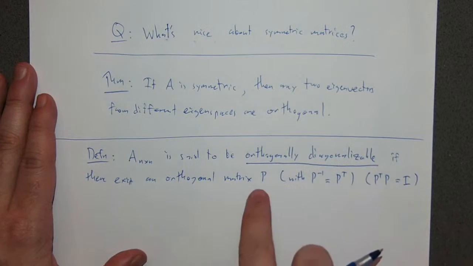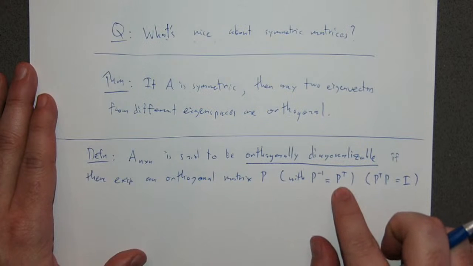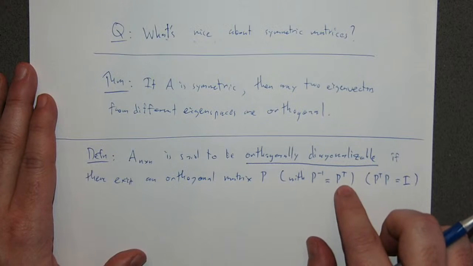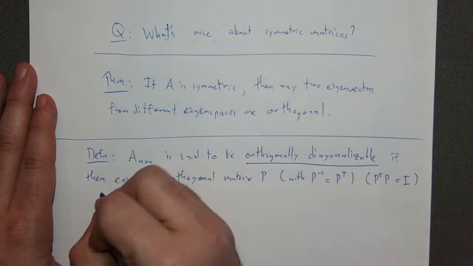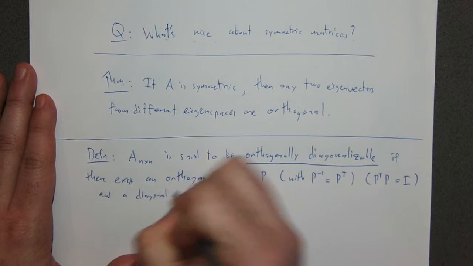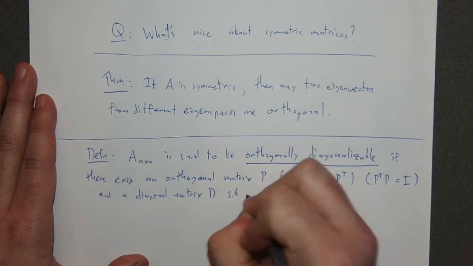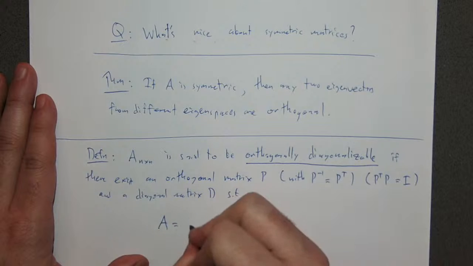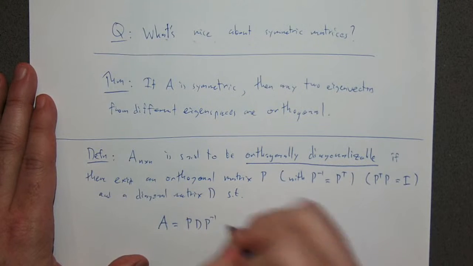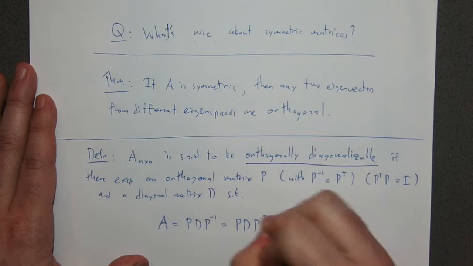So there exists an orthogonal matrix P, and of course, if it's an orthogonal matrix, then its inverse is just its transpose. Okay. And a diagonal matrix D such that A is equal to P D P inverse, or P D P transpose.